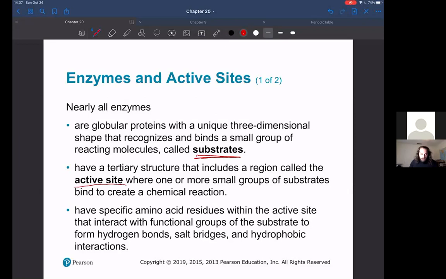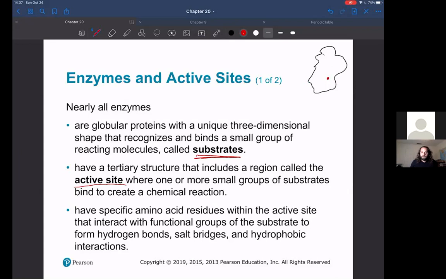This is just a small portion of a protein, right? So if I'm just going to do a little sketch of some globular protein, it might have just one teeny tiny section that's the active site of the protein that's dedicated to binding that substrate. And within that active site, there are going to be specific amino acids, residues that are there to interact with the substrate.